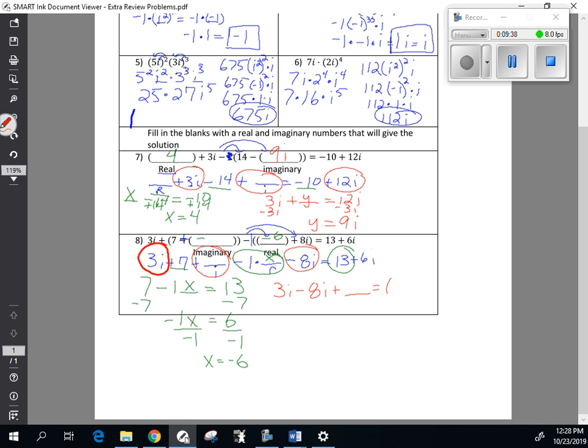So 3 minus 8i is going to be negative 5i. And if you want to put a variable, I'm going to put y there. Negative 5i plus y is equal to 6i. Some of you know what you can put. It would be 11i. But if you don't, you can always solve this like an algebra problem. Some of you can kind of figure it out on your own. And so this is going to be 11i.